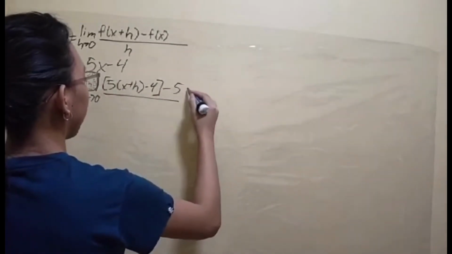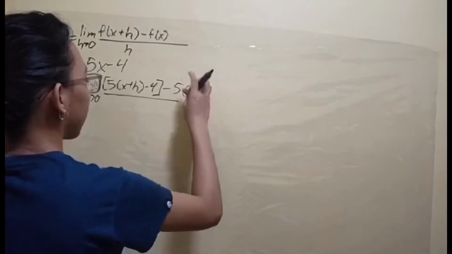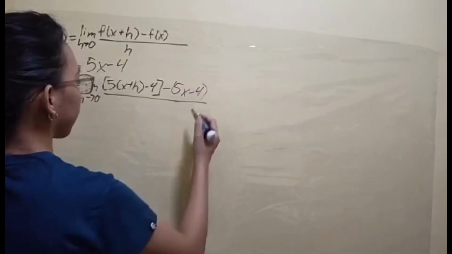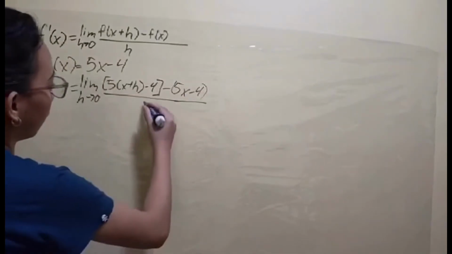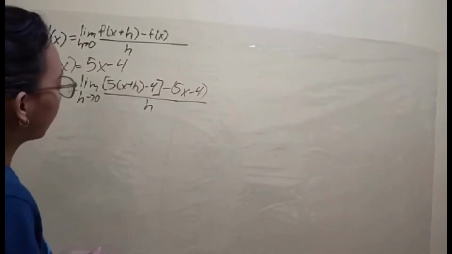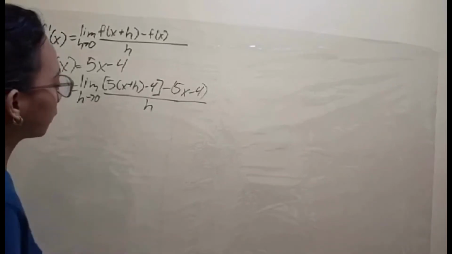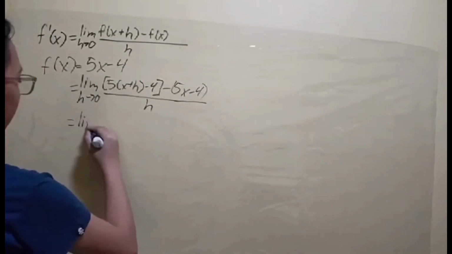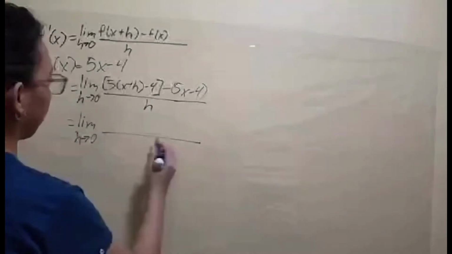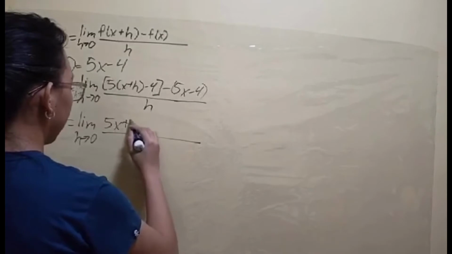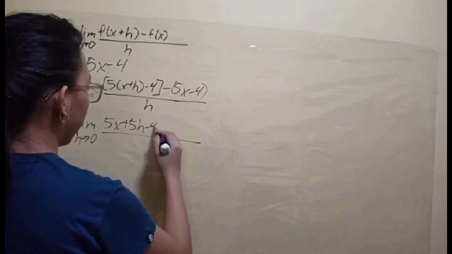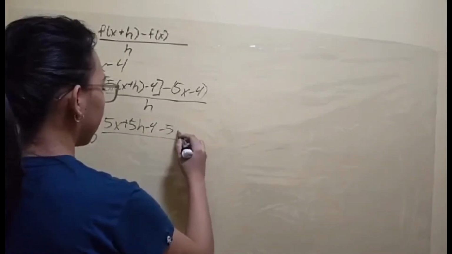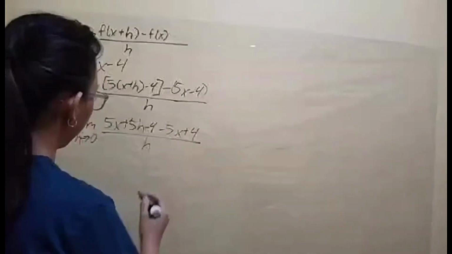Minus 5x minus 4 all over h. After that, we are going to distribute the constant term and perform the necessary operations. 5x plus 5h minus 4 minus 5x plus 4 all over h.